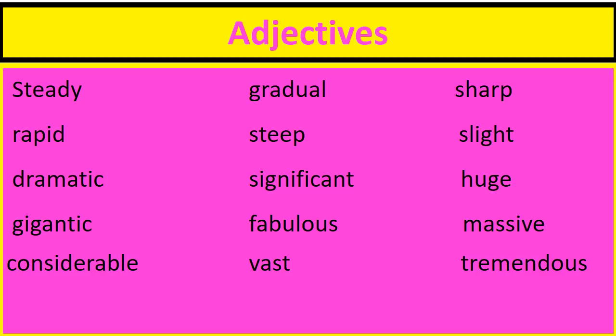So here you can say that there was a steady rise, there was a gradual fall, there was a rapid change, there was a slight variation, a significant decline. So dramatic, significant, huge, gigantic, fabulous, massive, considerable, vast, tremendous. So all these adjectives you can use before the noun.